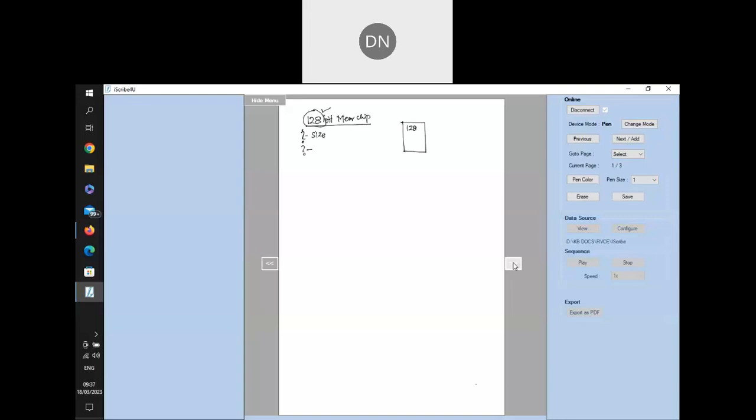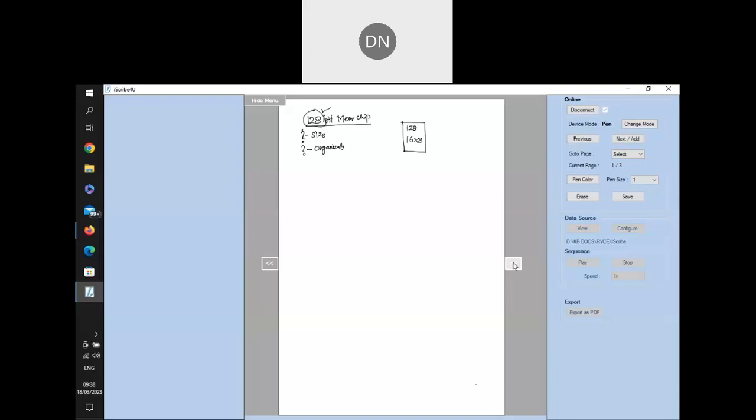The second question I am supposed to answer is the organization of this memory. This memory is organized into rows and columns. How many rows and how many columns are present decides how many addresses are required for this chip and how many data lines are required for this chip. Let's say in this case it is organized as 16 rows into 8.